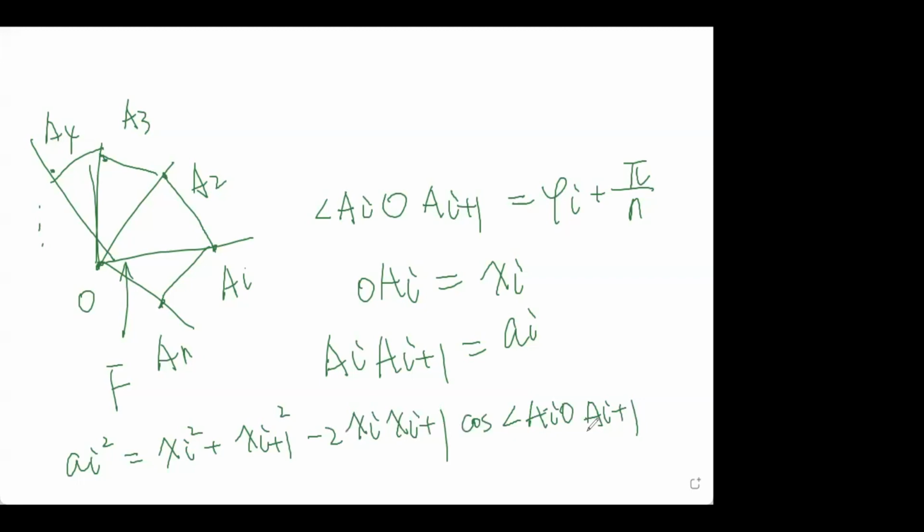So you can sum the left-hand side, and you will get the sum of A_i squared from 1 to n. If you sum the right-hand side, you will get twice the sum of x_i squared from 1 to n, and you need to subtract 2 times the sum from 1 to n of x_i x_(i+1) cosine of phi i plus pi over n. You just need to sum them up. It's long, but it's not hard.